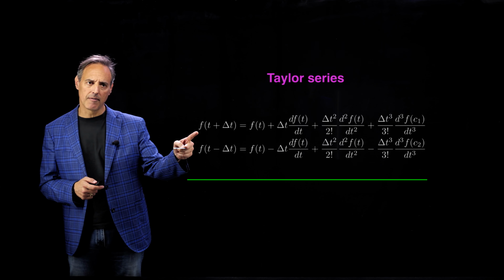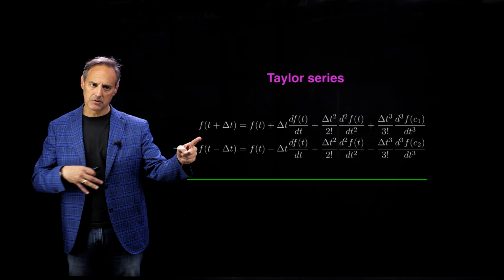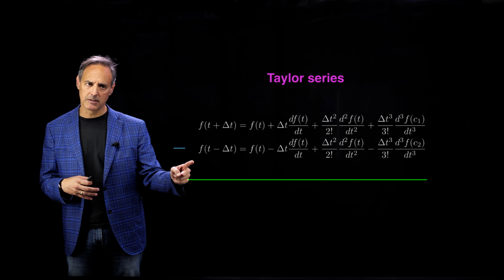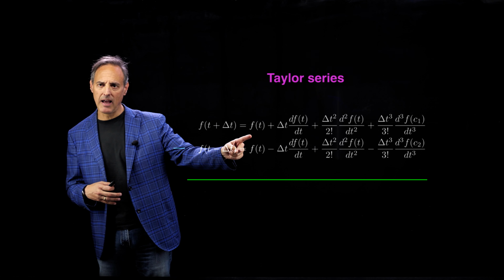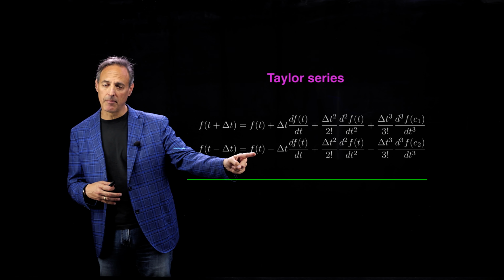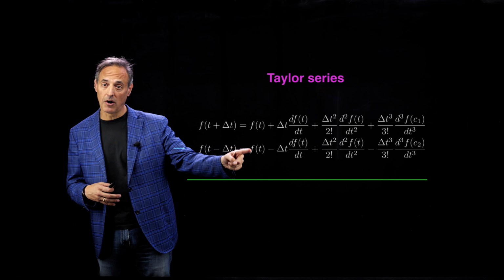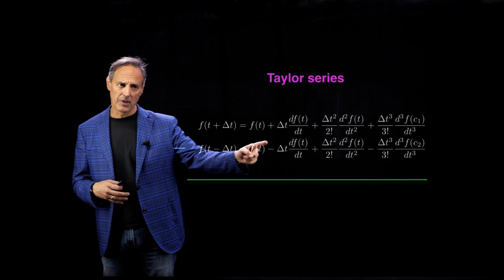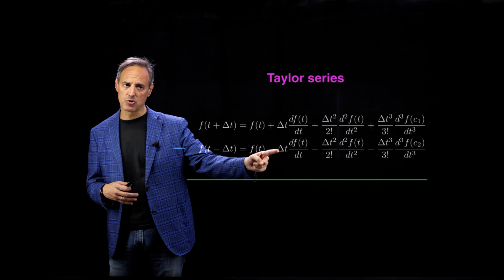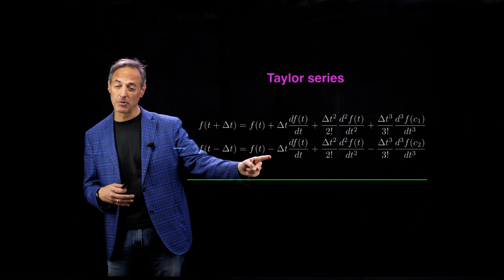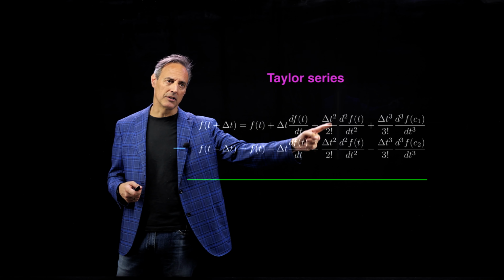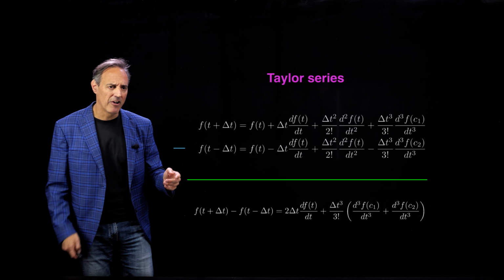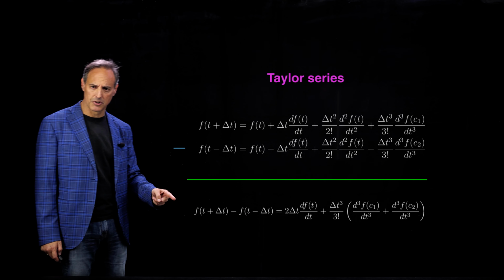We're first going to have f of t plus delta t subtracted from f of t minus delta t. But on this side, notice what's happening: I have f of t subtracted from f of t. These two are going to cancel. Then I have this expression subtracted, but this is already a minus, so I'm going to get two of these. And then these two are also going to cancel.